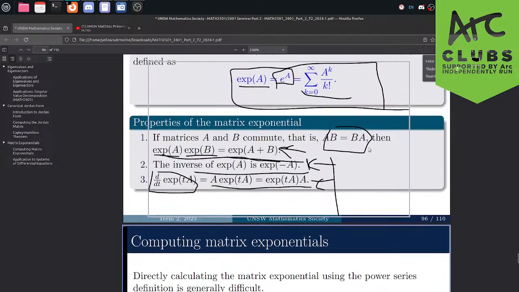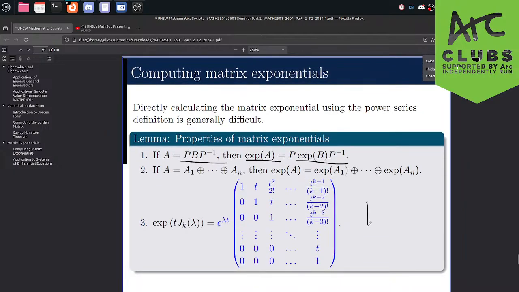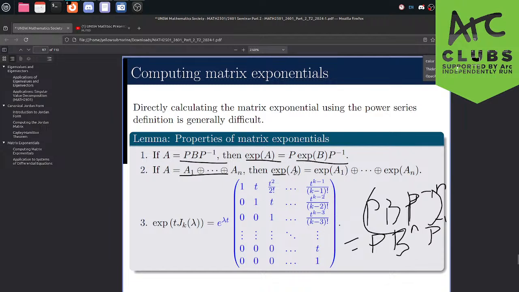Again, this is to do with the polynomial property. If you take PBP inverse to the power of n, this is equal to PB^nP inverse. And if you have a direct sum of matrices, like that block form, then exponentiating the whole thing will exponentiate each of the parts.